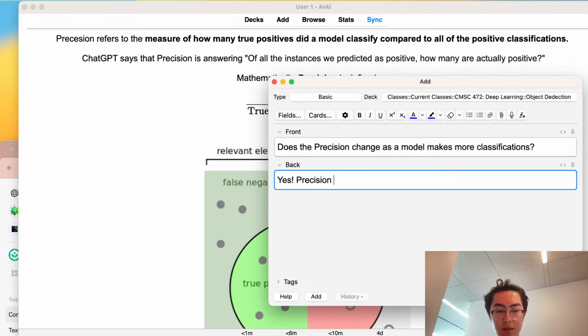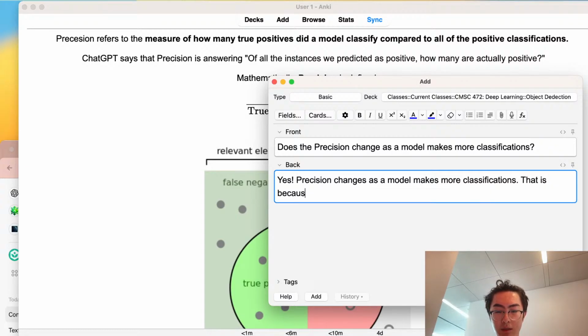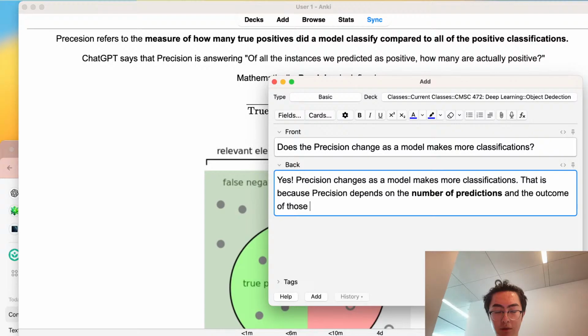Precision changes as a model makes more classifications, because precision depends on the number of predictions and the outcome of those predictions.